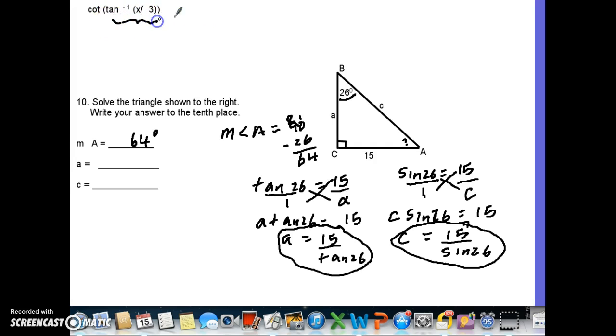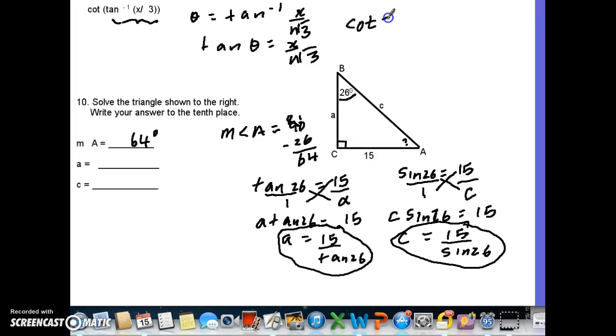So for this one, really quickly, we could say theta is equal to tan to the negative 1 of x over root 3. And so tan theta equals x over root 3. And this is fairly easy. So the cotangent would be the inverse of the tangent. So the cotangent is 1 over tangent, right? So it's going to be root 3 over x. Okay, so that would be it.